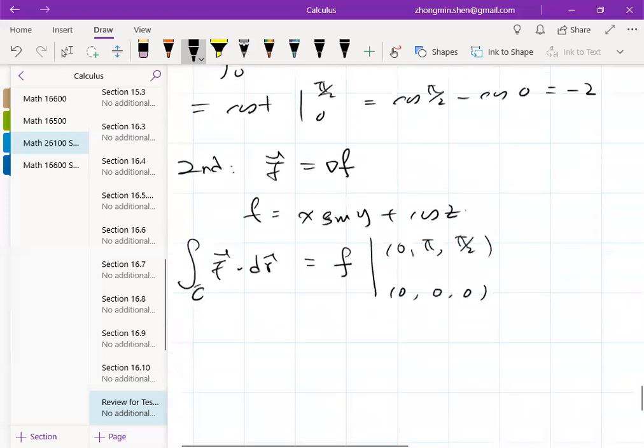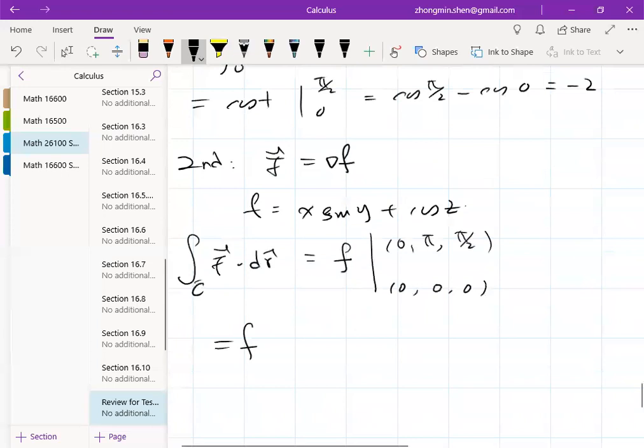Okay, so f at 0, pi, pi over 2 minus f at 0, 0, 0. When x equals 0, that first term is already 0. It's going to be cosine pi over 2 minus cosine 0 still.